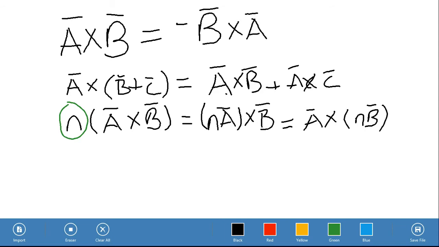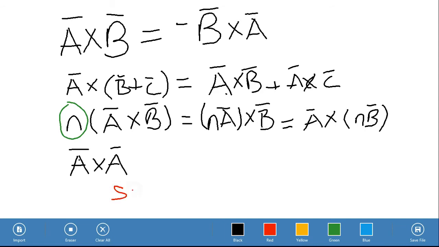One last thing I want to point out is that if you have a vector crossed with itself, A cross A, let's look at what this equals. Recalling that formula, it's the length of A times the length of A times the sine of theta, where theta is the angle between A and A. That angle is 0, and sine of 0 is just 0.